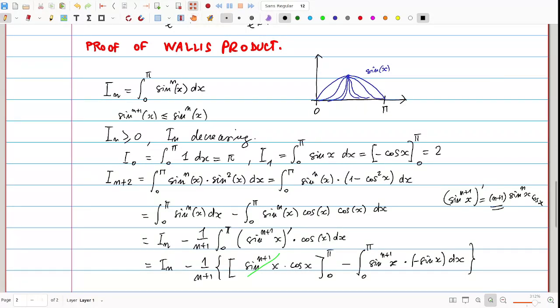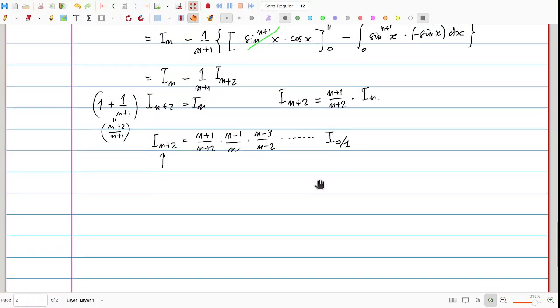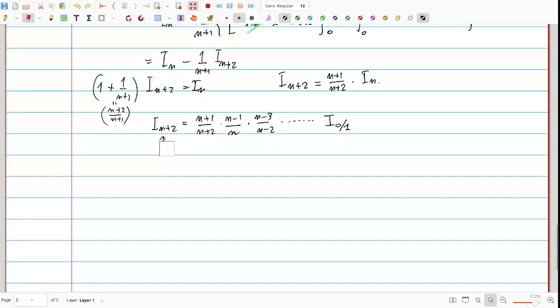So the idea is to prove that the ratio between two consecutive terms, so one is even and one is odd.